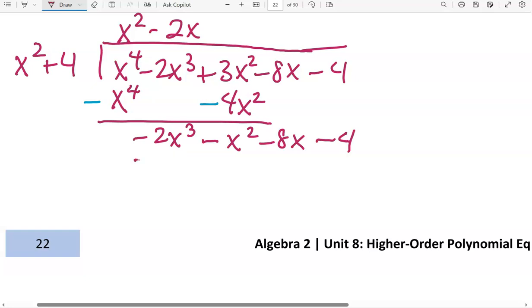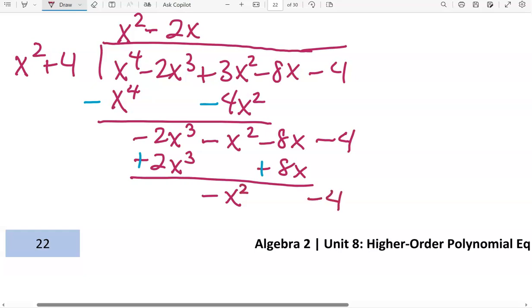Negative 2x times x squared is negative 2x cubed. Negative 2x times 4 is negative 8x. Now I'm going to change the signs of the multiplication that we just did, both terms to positive, and add. Now we get negative x squared minus 4.